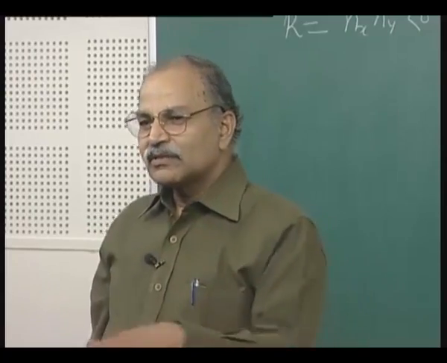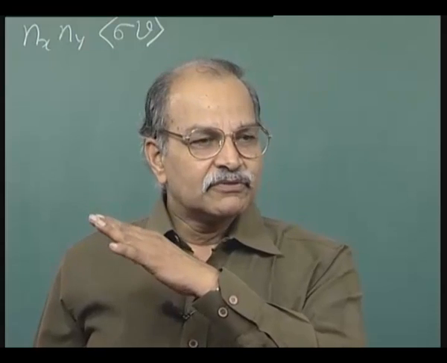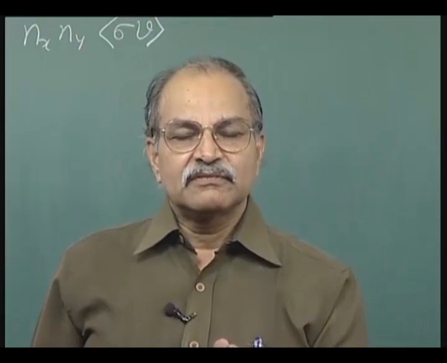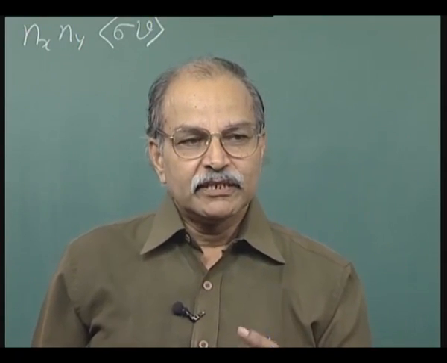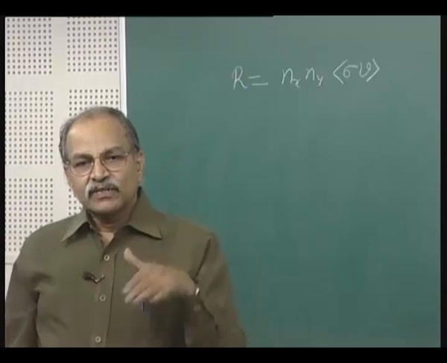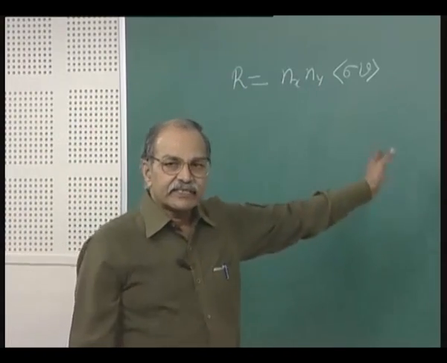One rises with temperature, with velocity, and one falls with velocity, and the product is contributed only by a small range in these relative velocities, and then we can integrate and get this σv.